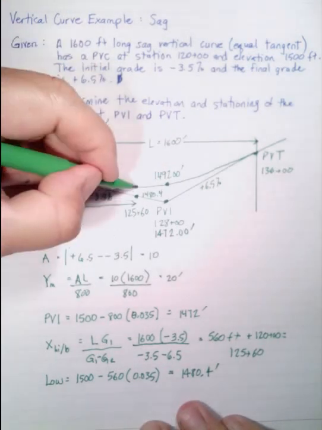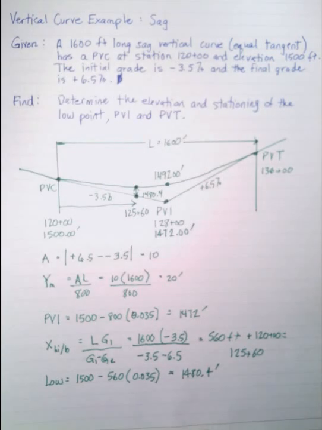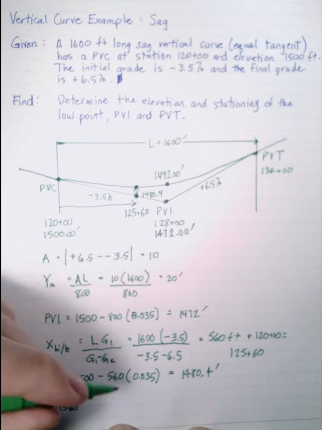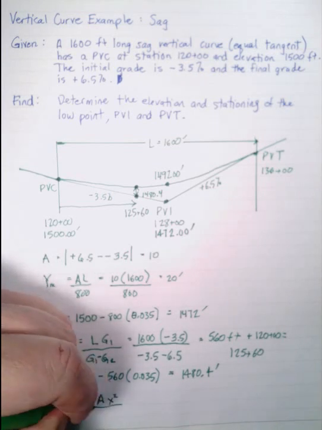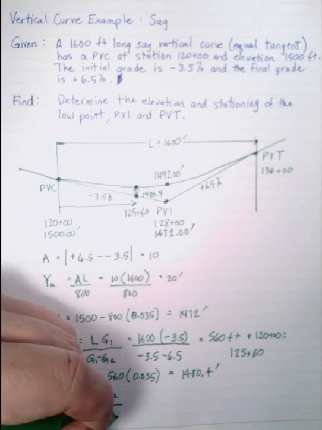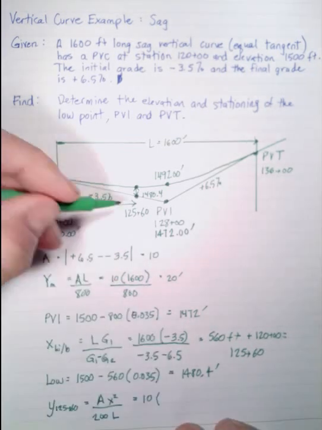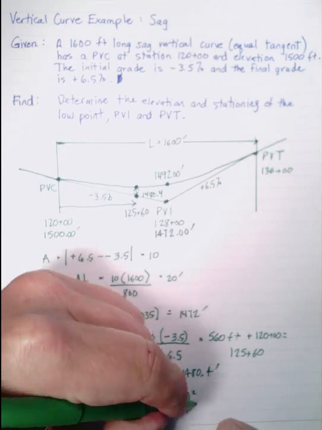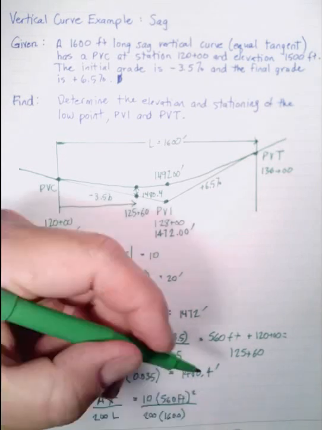So what we need, of course, is the offset at the low point in order to determine the actual elevation on the curve. So the offset at station 125 plus 60, our general equation for the offset is always A x squared over 200 L. So we know that A is 10. X is the distance here, 560 feet, squared divided by 200 times 1600, which is our length.